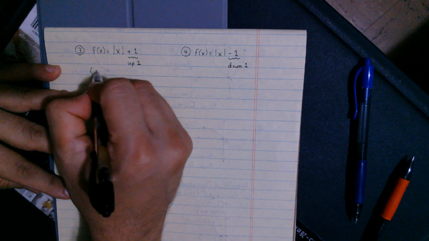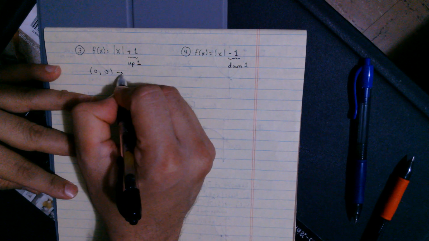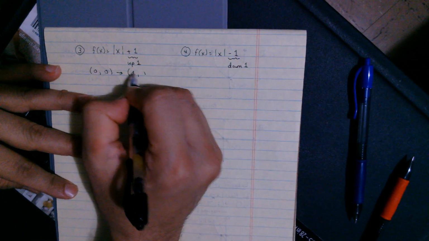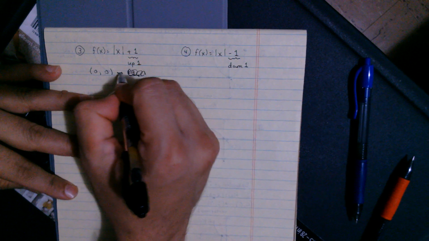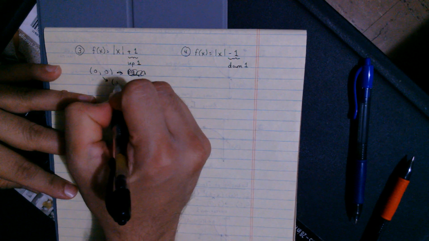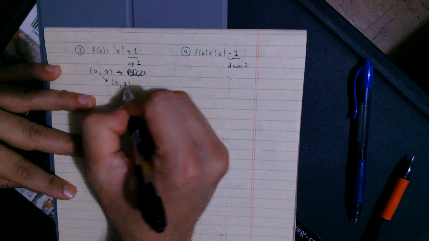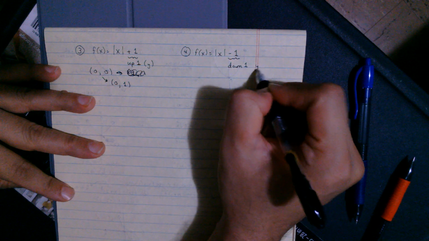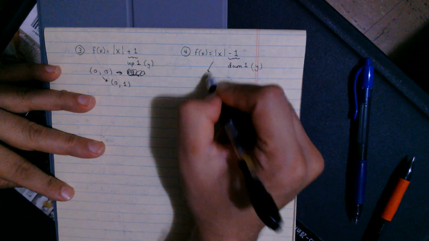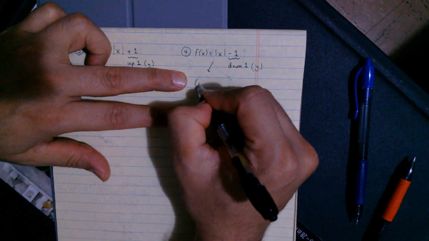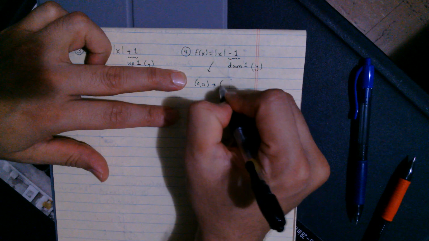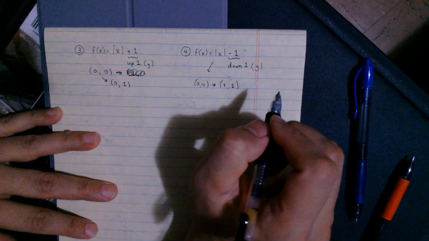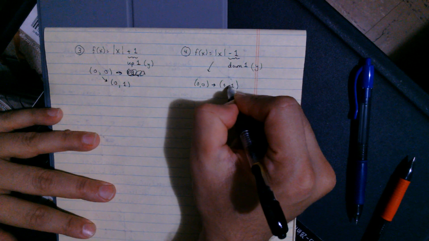So in this one, the point 0, 0 goes to the point 0, 1. Up is with the y value, down is with the y value. So essentially, the bottom of the v, which used to be 0, 0, now goes to the point 0, 1, or 0, down to negative 1.